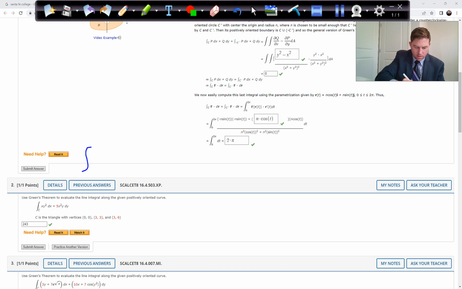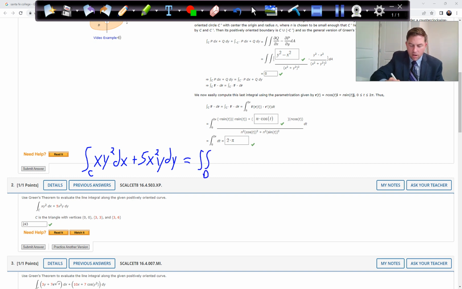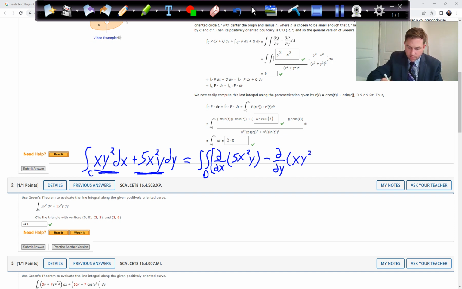We are going to change that to the double integral across region D of the partial derivative with respect to x of the j term, so it's going to be 5x squared y. Then it's going to be minus the partial derivative with respect to y of the x term, which would be xy squared. And then we say dA.